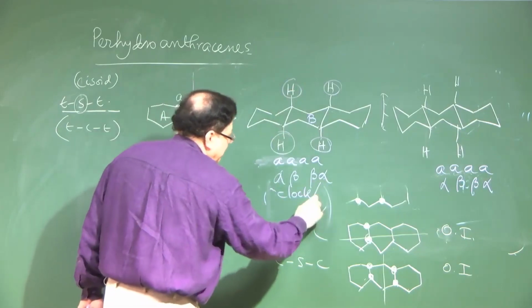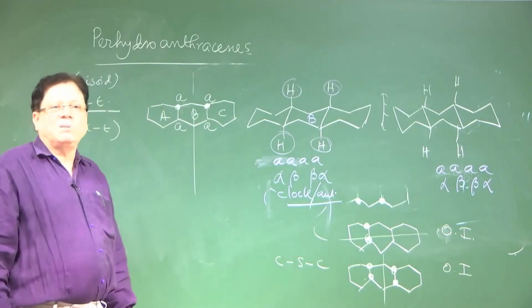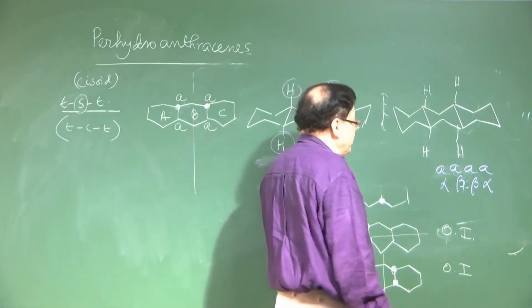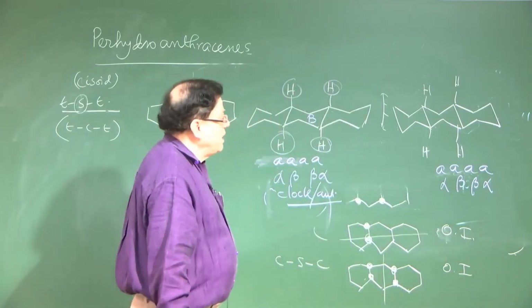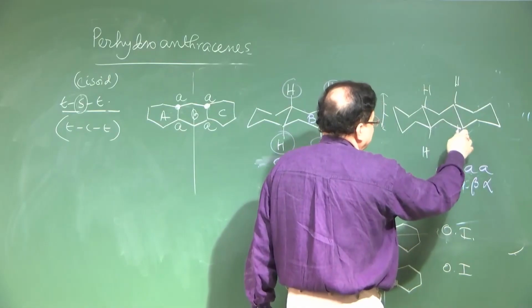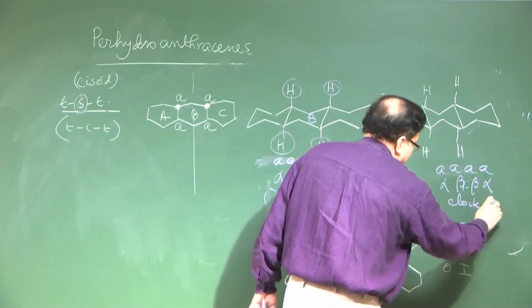So, this is basically clock or anti-clock, both are possible here. Okay. So, you have to write both, that will be better, otherwise you may land into a problem if you pick out a particular one. So, again here alpha, beta, beta, alpha. So, again both possibilities are there, clockwise or anti-clockwise.